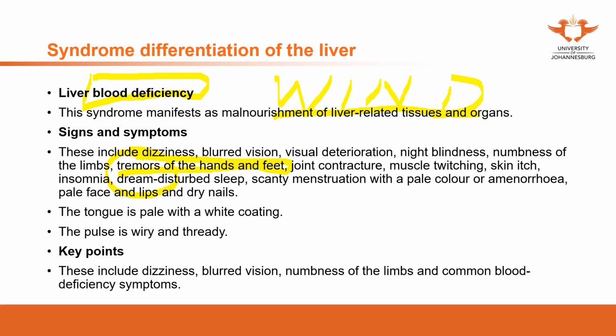So the patient may present with different conditions, but when you see wind, you need to find some moving symptoms. That's the tremor, such as a patient with Parkinson's, the shaking. Then in Chinese medicine and in acupuncture theory, we think about the wind, the internal wind.